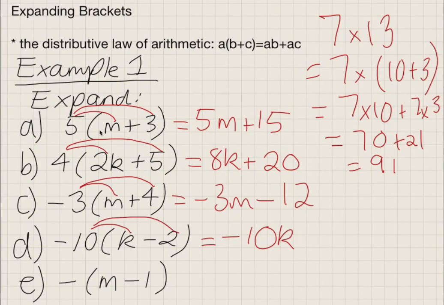Minus 10 times minus 2, a negative times a negative gives a positive, and 10 times 2 is 20. In part E, there is a negative sign there and an invisible 1 in front of the brackets. So it's minus 1 times m, which is minus m, minus 1 times minus 1, which gives plus 1.